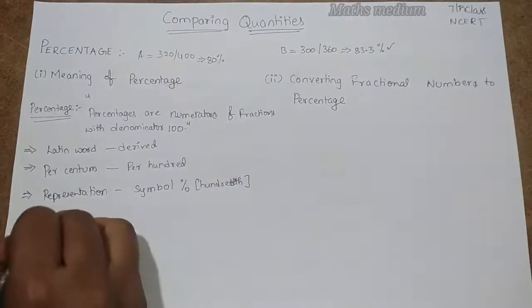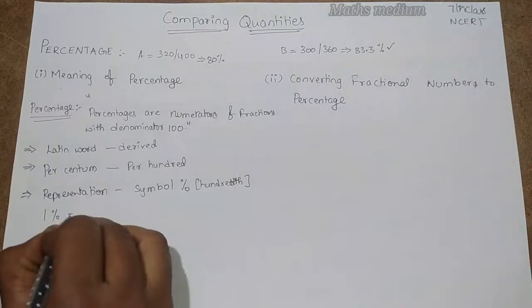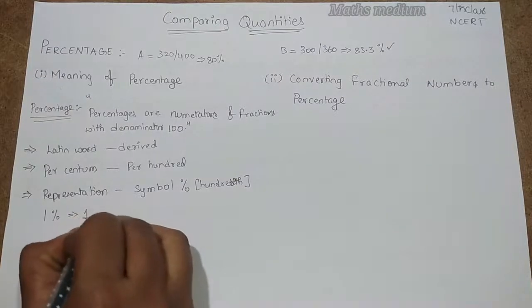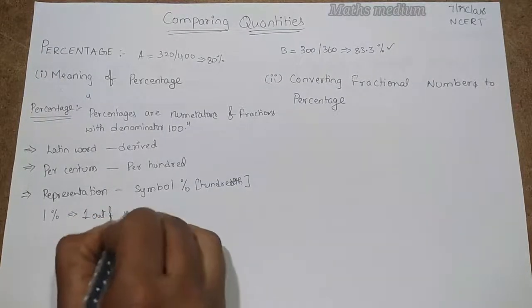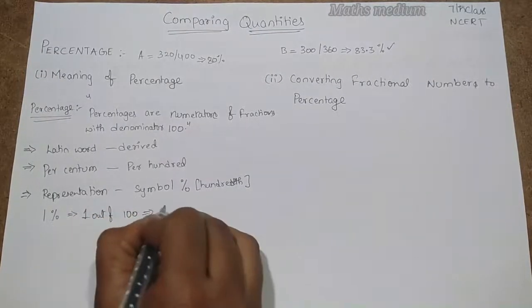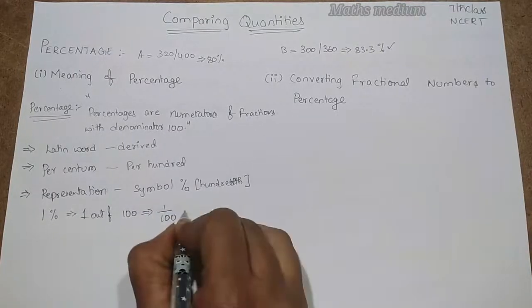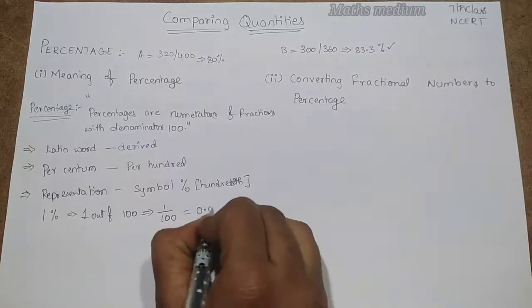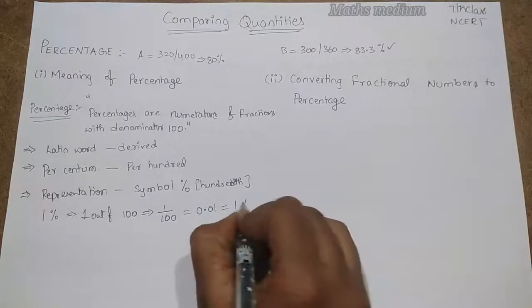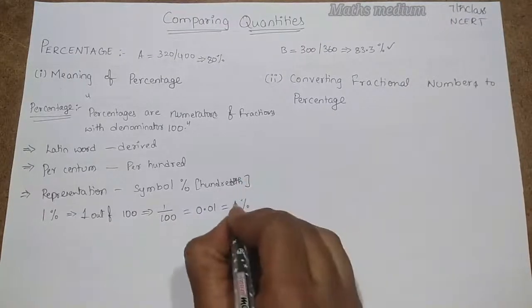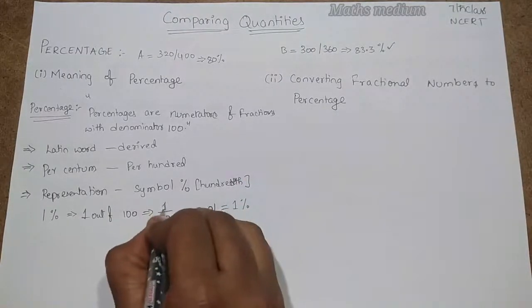It means 1%, that is 1 out of 100. It means 1 by 100. So it is also 0.01 and also 1%. So this is the derivation for this.